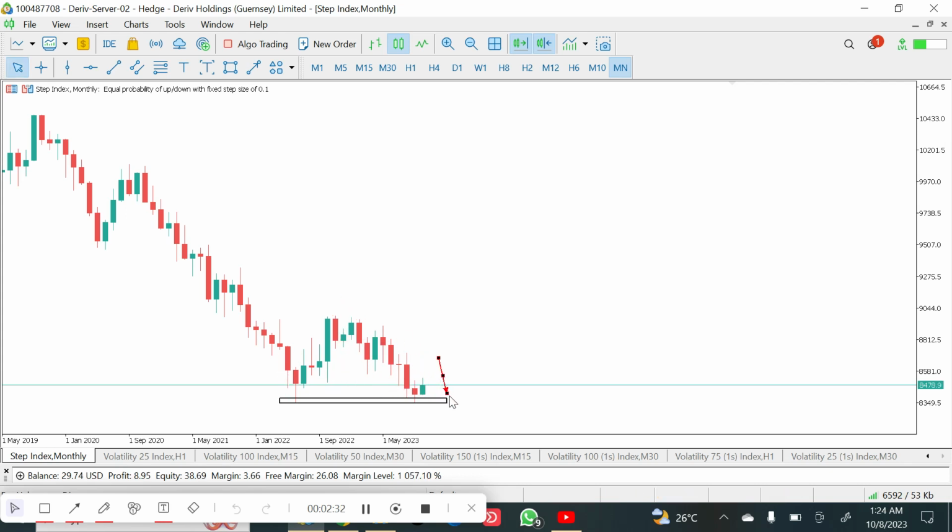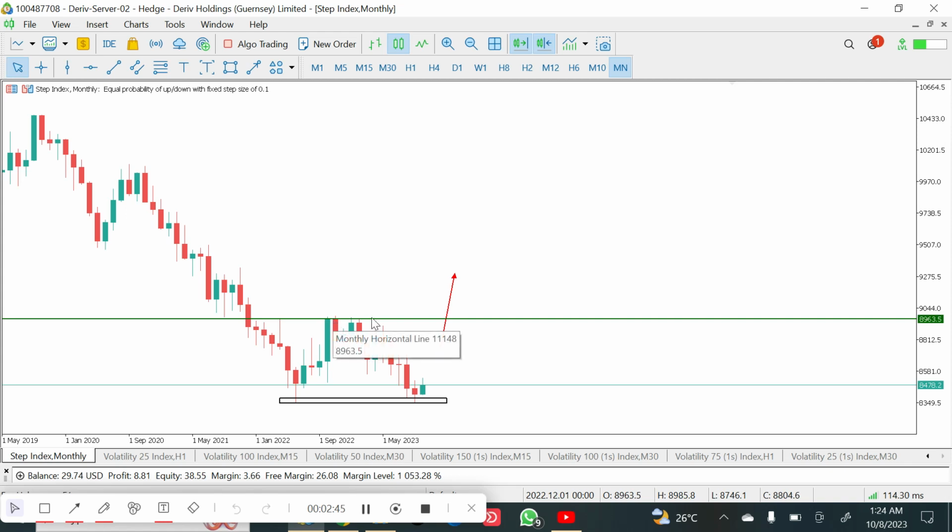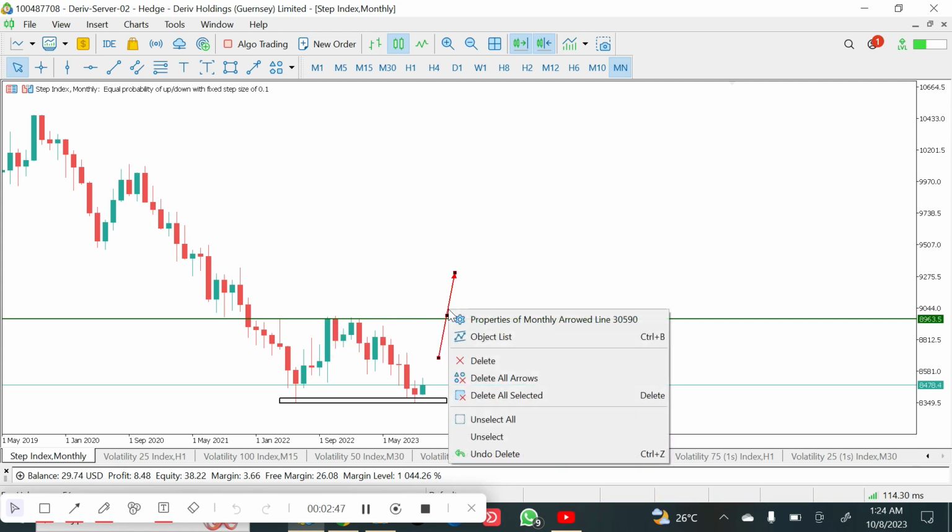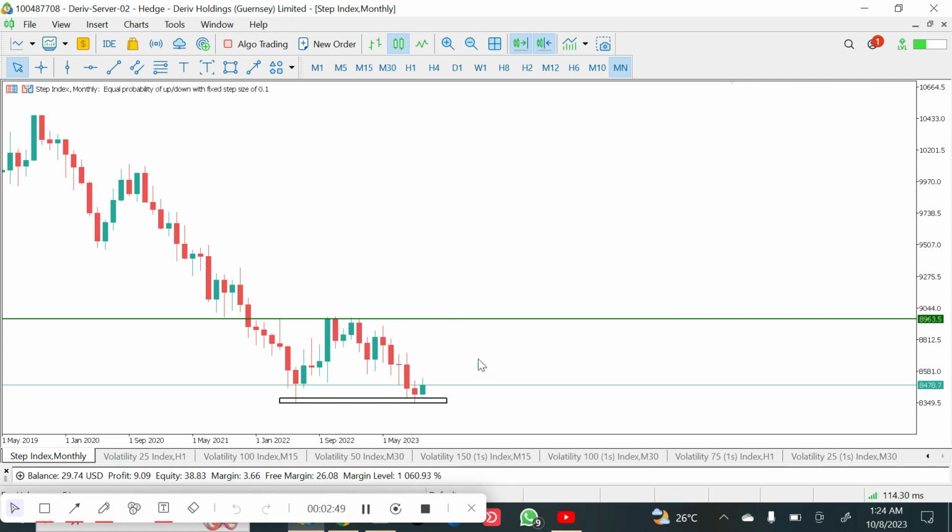So are you going to see a reversal to the upside? You don't know as yet until this high gets taken. Once price is able to break above this high right here, then we know that we are no longer bearish but bullish on this asset.